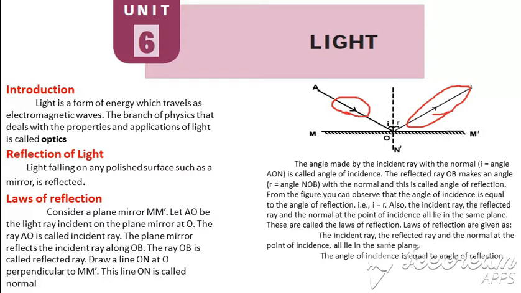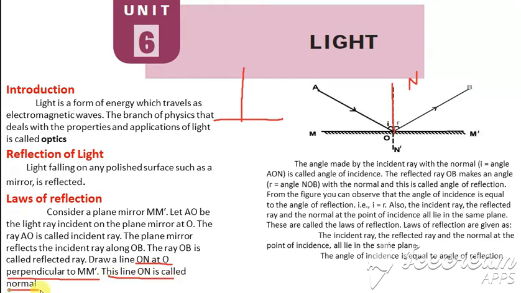Then draw a line ON at O which is perpendicular to M dash. This is M dash, and we draw a line perpendicular to M dash, which is called ON. The line ON is called the normal.